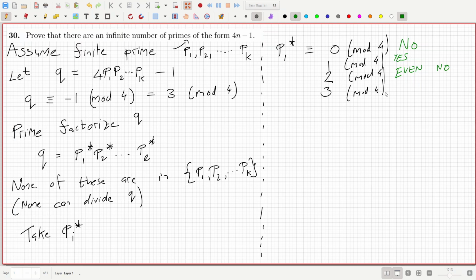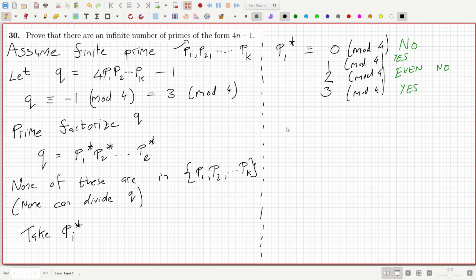If it's equal to 3, is that okay? Actually, could it be equal to 3 mod 4? That might be okay. Yeah, that's okay. So that's a yes.